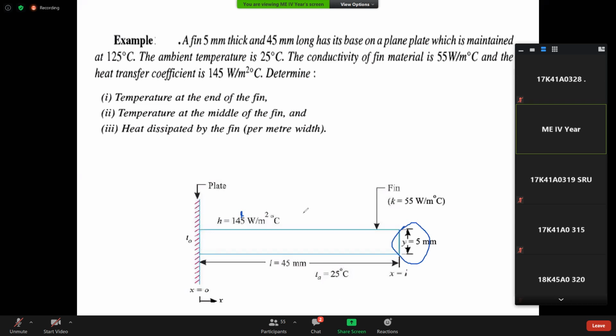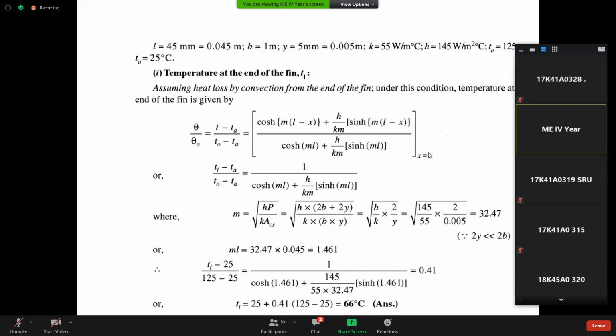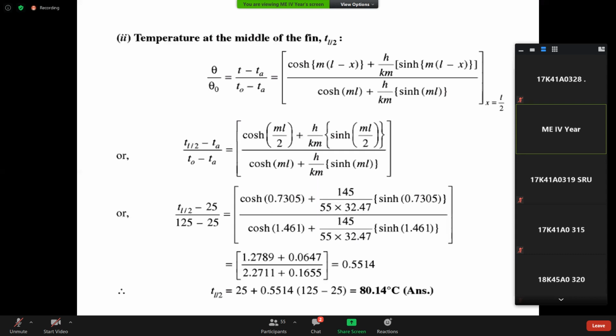Again, the same question is asking you to calculate the temperature at the middle of the fin. Whatever process you have done in the previous case, in this case, in place of x is equal to L, you substitute x is equal to L by 2. See, this is the case.